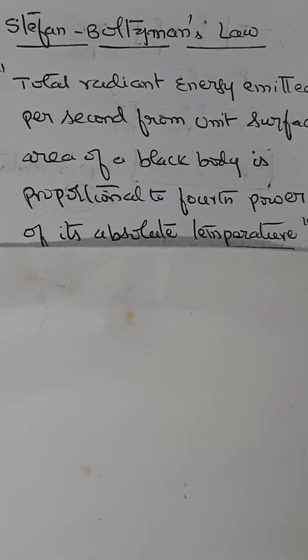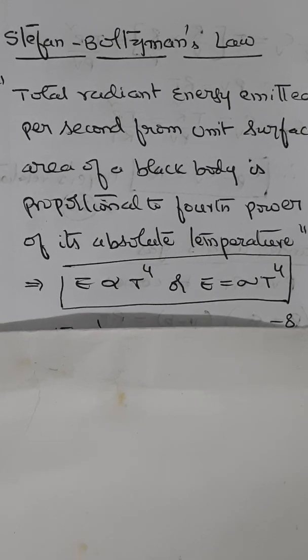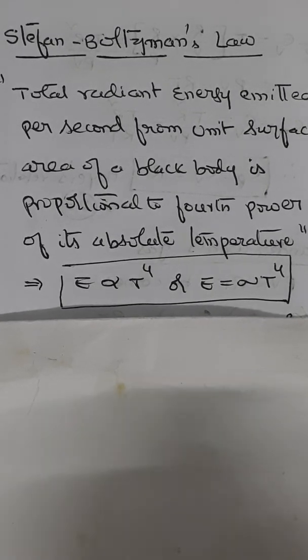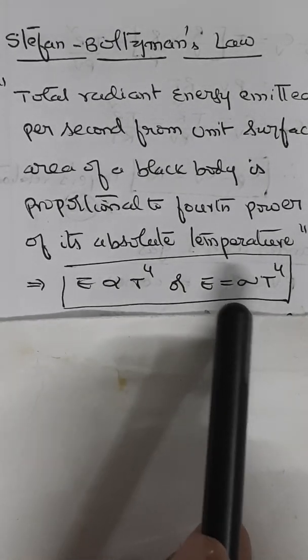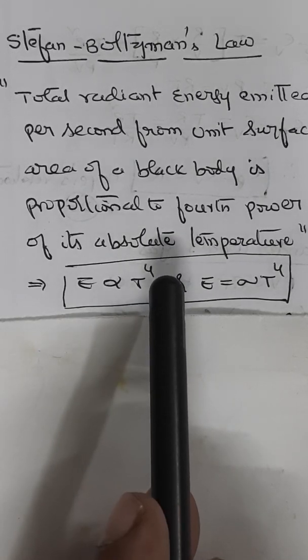That is, if E is taken as the total radiant energy emitted per second from the surface of a black body, and absolute temperature is taken as T, then Stefan Boltzmann law says that E is proportional to T power 4, or E is equal to a constant into T power 4.